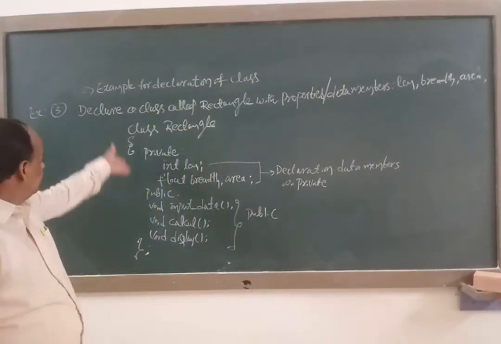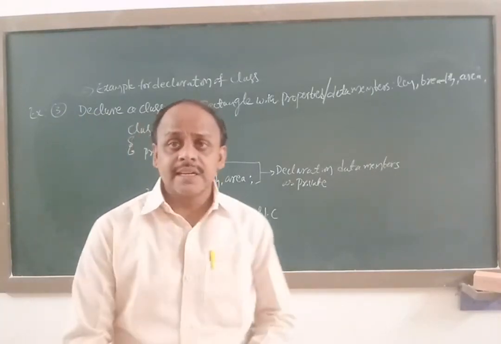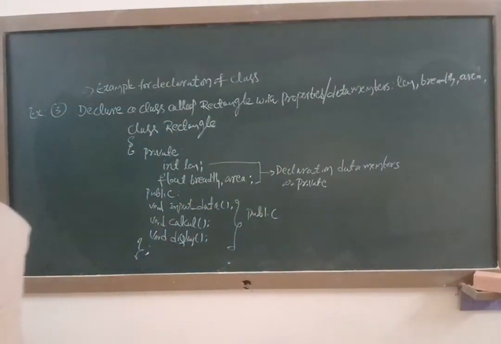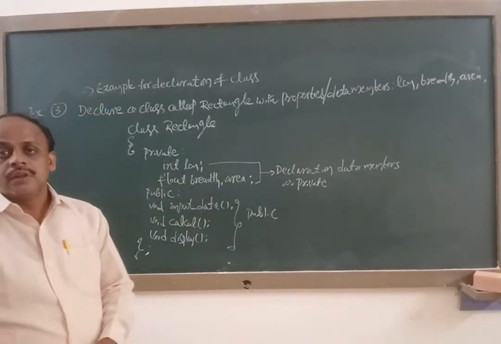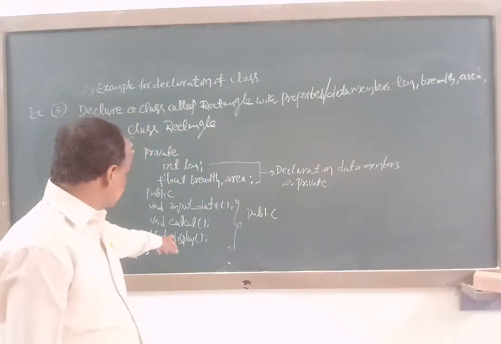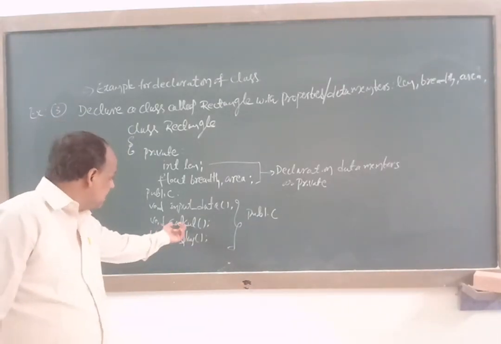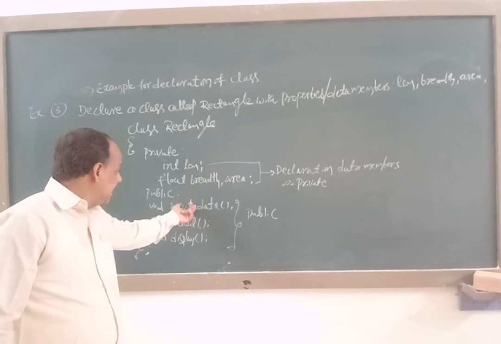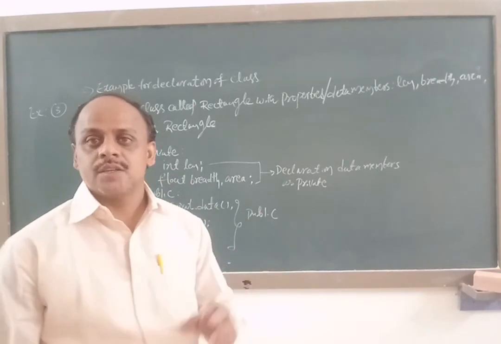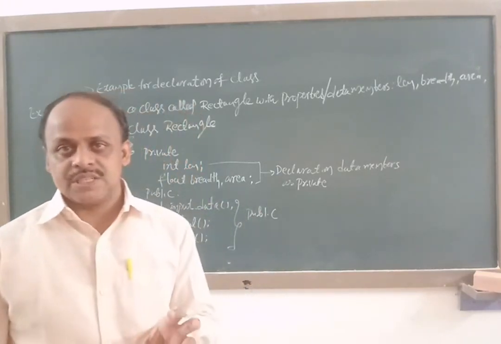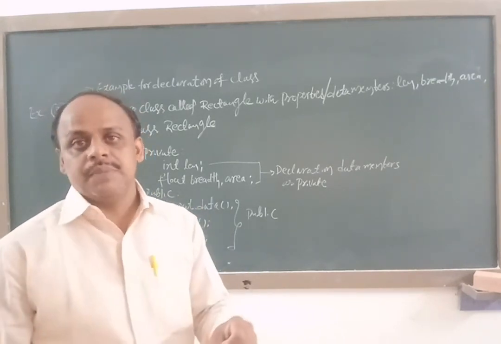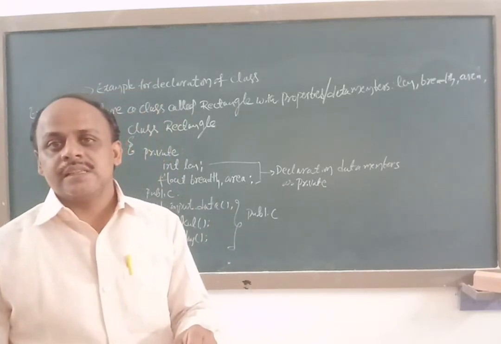So in this way we have to declare a class. In the next class we are going to discuss definition for member functions. Here we just declared member functions. We have not written any code for them. So how to write code for declared member functions in C++, that we are going to discuss in the next class.